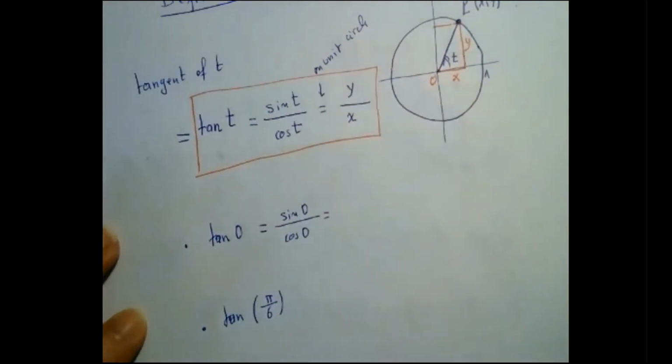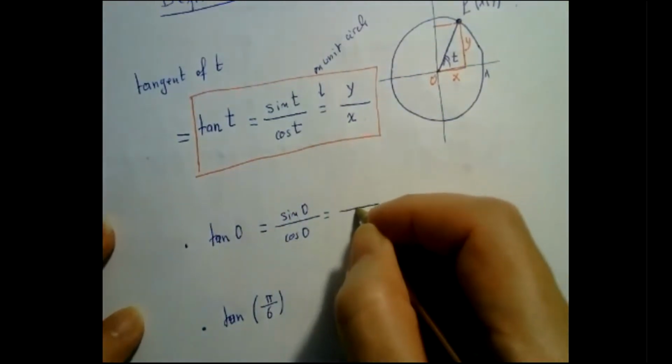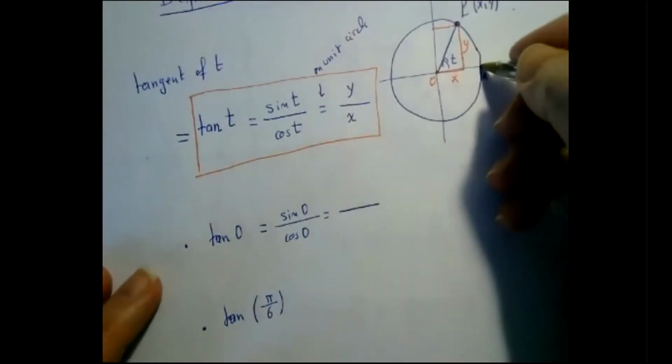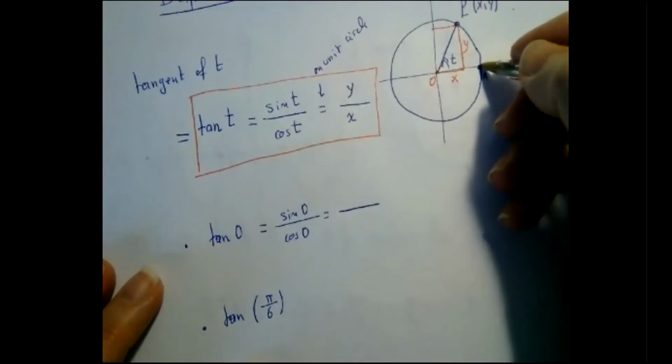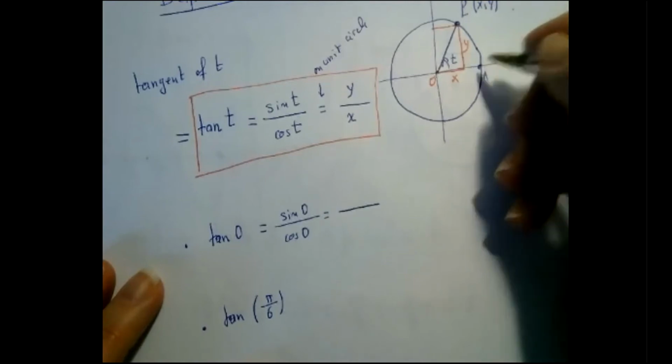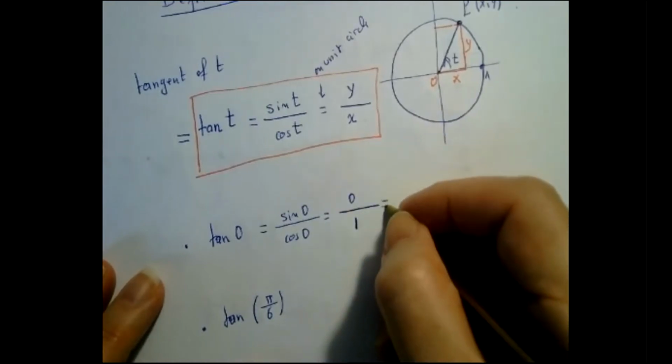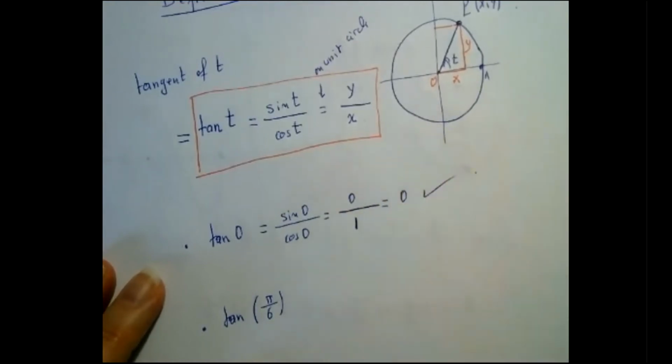Now, what's the sine of 0? Have you memorized this? The sine is the y-coordinate, it's 0. The cosine is 1. Tangent of 0 is equal to 0.